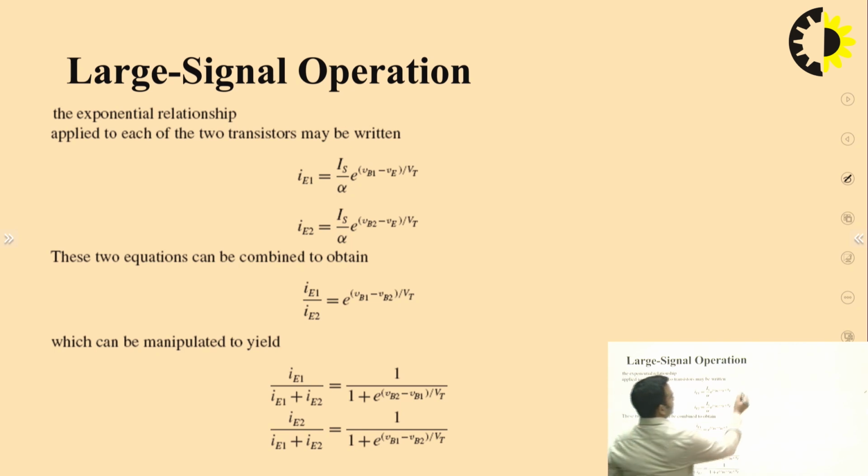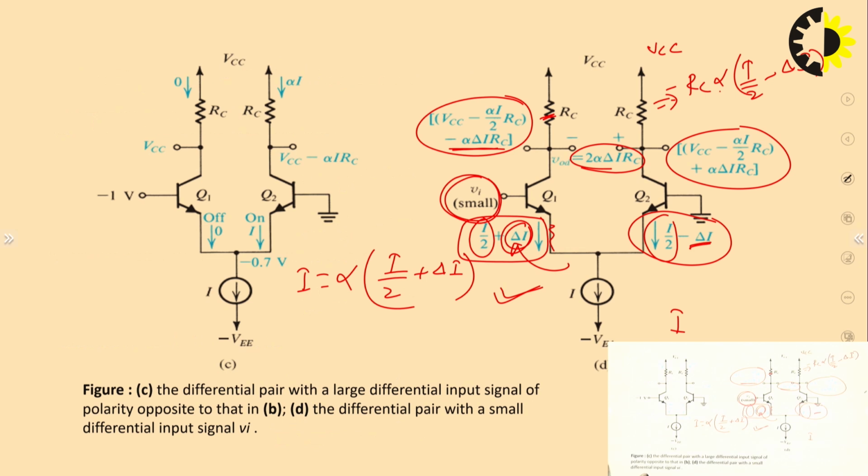You know, IC is equal to IS e to the power VBE upon VT, and so we can say that IE is equal to IS upon alpha e to the power VBE1 minus VE divided by VT. You can consider anything.